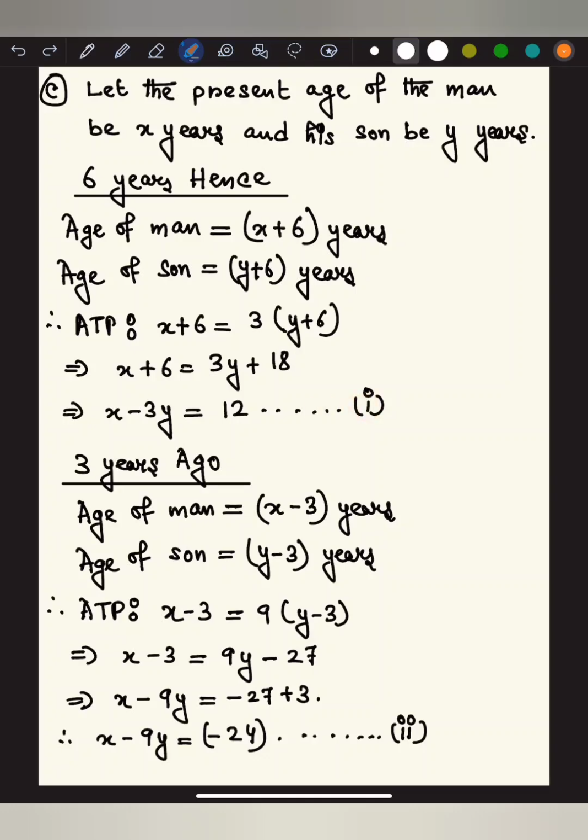And the second equation given here is that 3 years ago the man's age will be 9 times the age of the son. Okay, so 3 years ago age of man will be x minus 3 and age of son will be y minus 3, right?